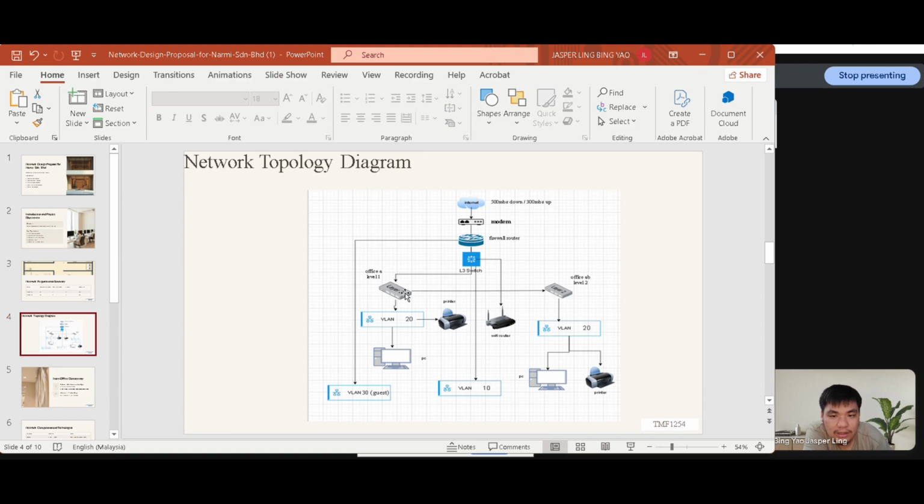This is a cable that is connected to the VLAN 20 for Office A, connected to the printer and PC. This level 3 switch is also connected to the Wi-Fi router. It is also connected to the VLAN 10. And Office B, level 2, is connected to the VLAN 20 and it is connected to the PC and printer.